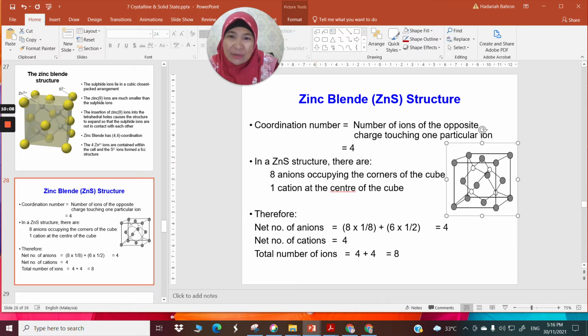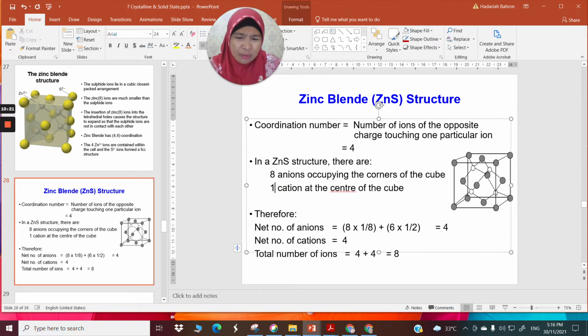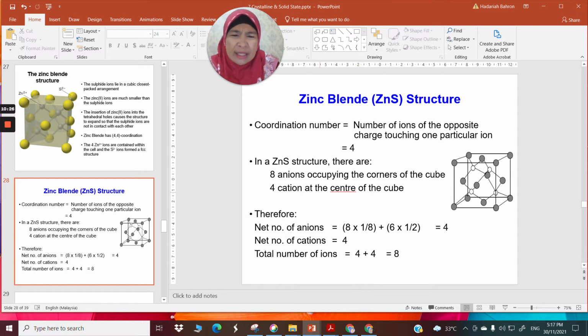In a ZnS or zinc blende structure, there are 8 anions occupying the corners of the cube, and there are 4 cations inside the cube. So the net number of anions is 8 times 1/8 plus 6 times 1/2, remember the faces, which is equal to 4.